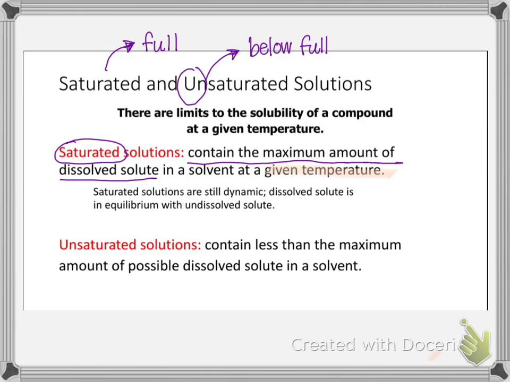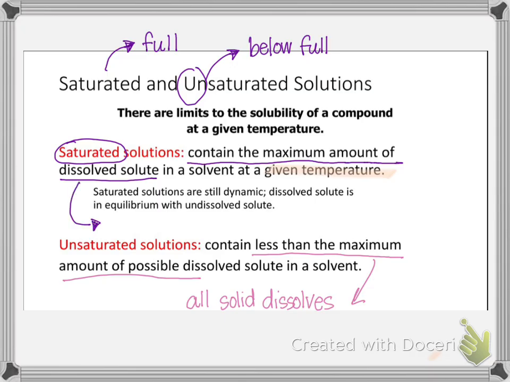Now, unsaturated is below full. So if you're below full, you're going to have less than the maximum. And in this case, all of the solid dissolves. Okay, so we won't have anything extra. You haven't reached the maximum yet. I can add a little bit more.